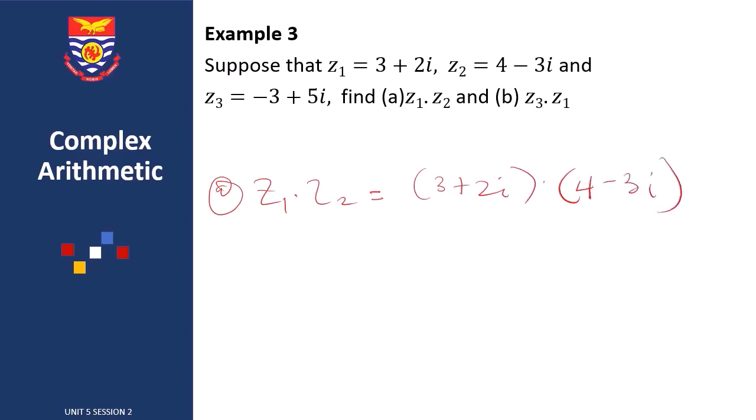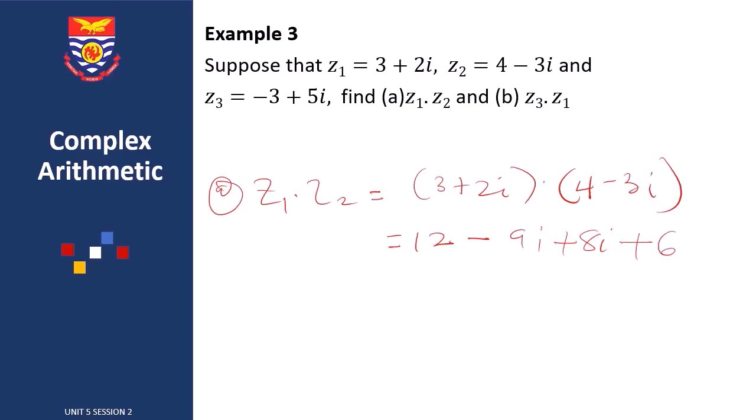So 3 times 4 is 12; 3 times minus 3i gets minus 9i; 2i times 4 gets plus 8i; 2i times minus 3i is minus 6 i squared, and don't forget i squared is minus 1, so you get positive 6.